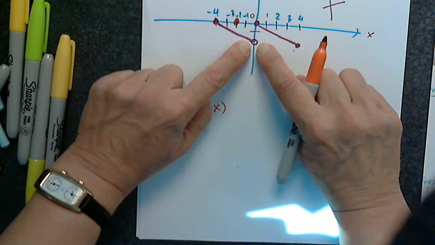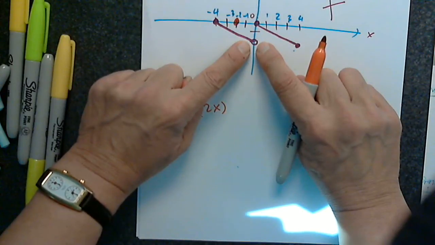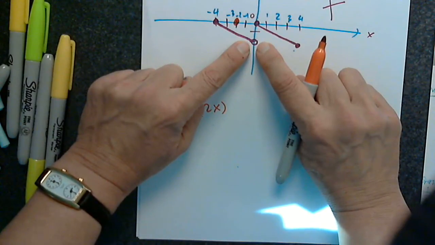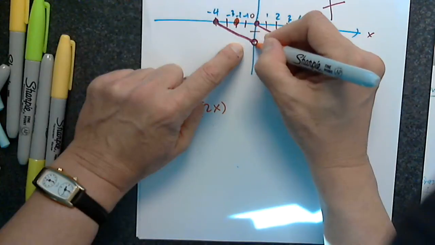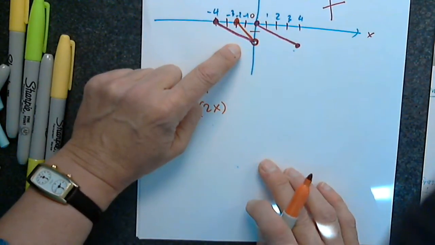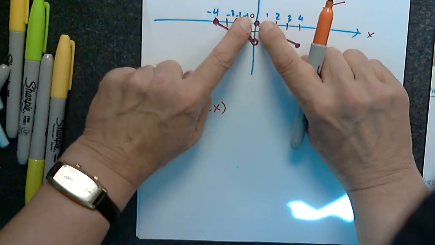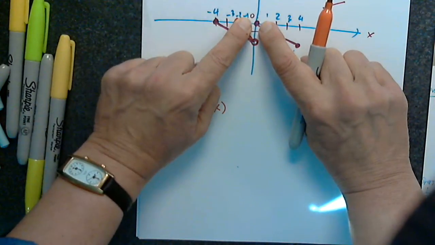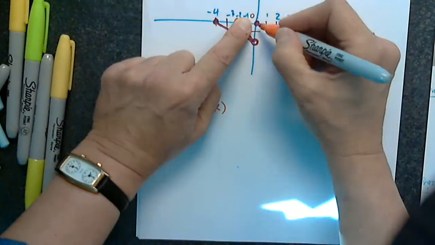This point has x equals 0. Where will it go? Exactly, nowhere. So I have the first piece done.